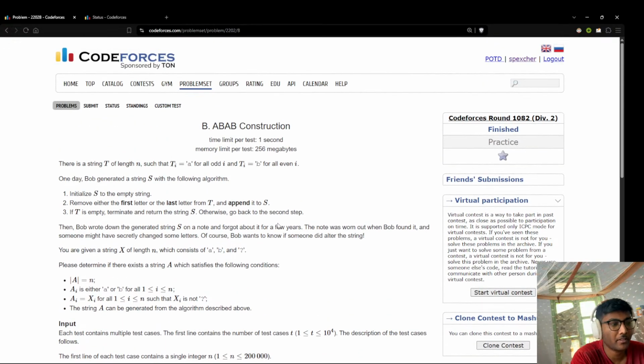Yeah, this is 1200. So there is a string T of size n such that Ti is A for all odd i and B otherwise.